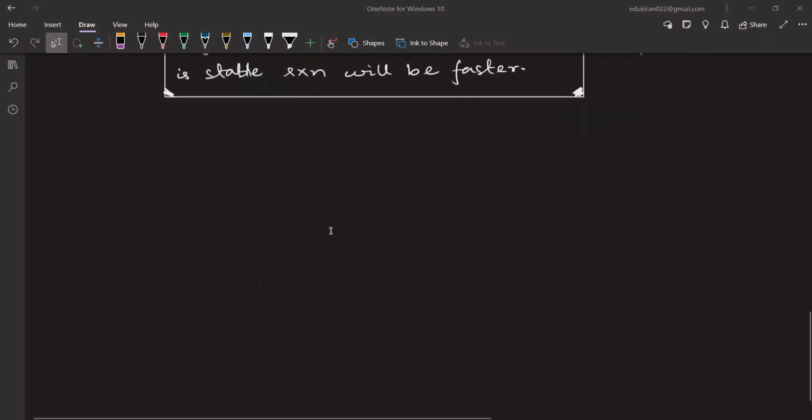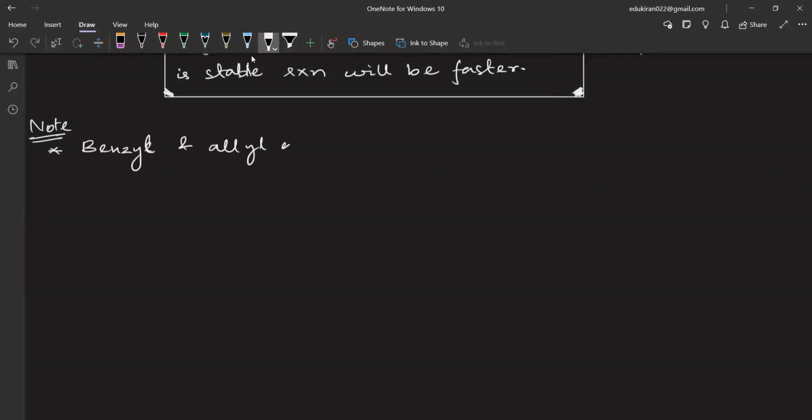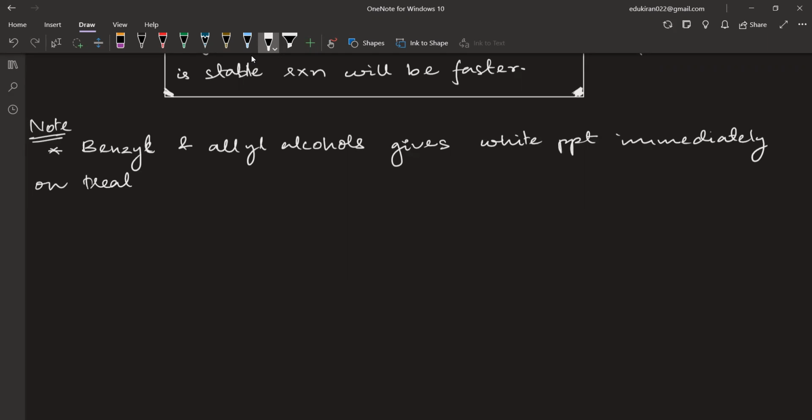Now you will write a note. Write a note that benzyl and allyl alcohols give white PPT immediately on treatment with Lucas reagent.